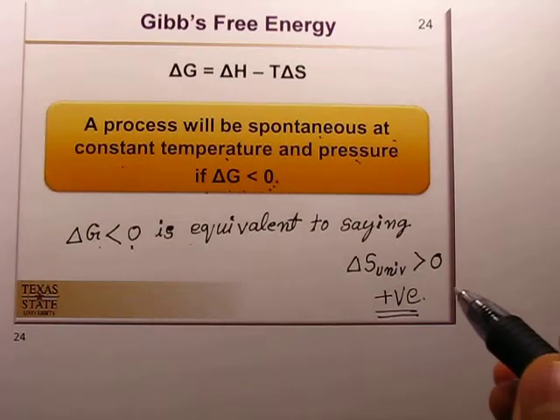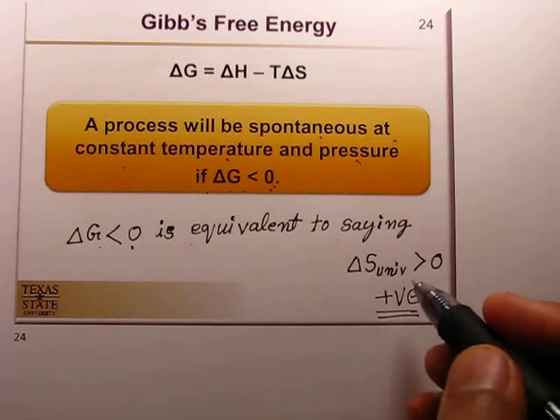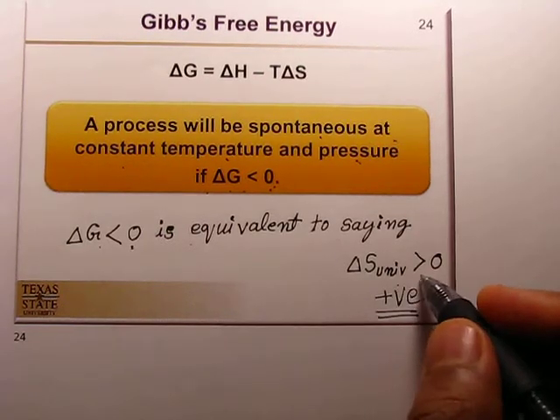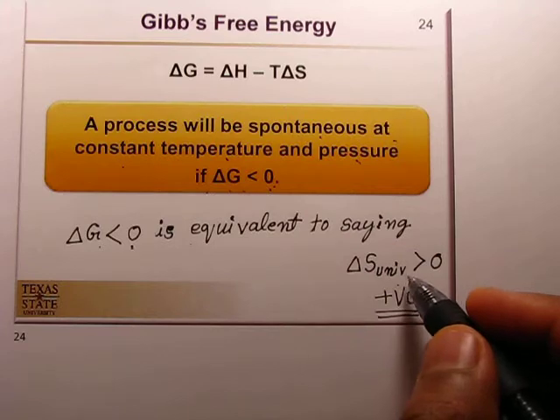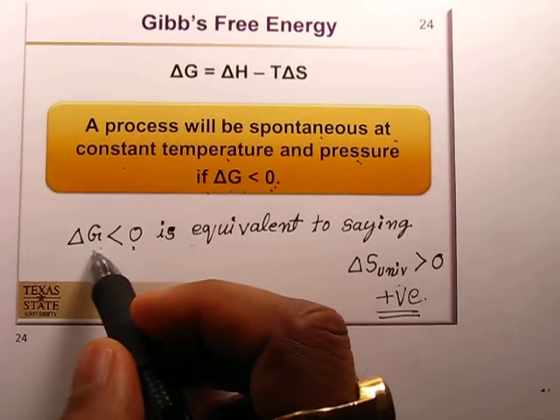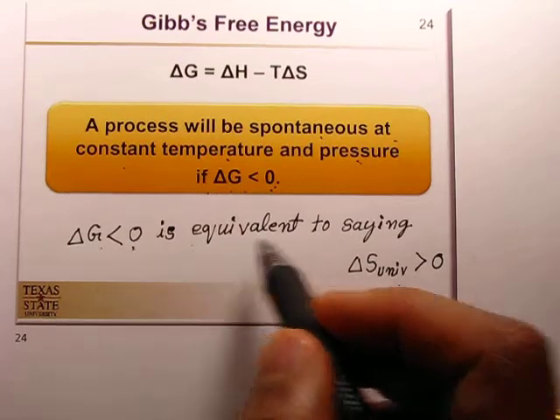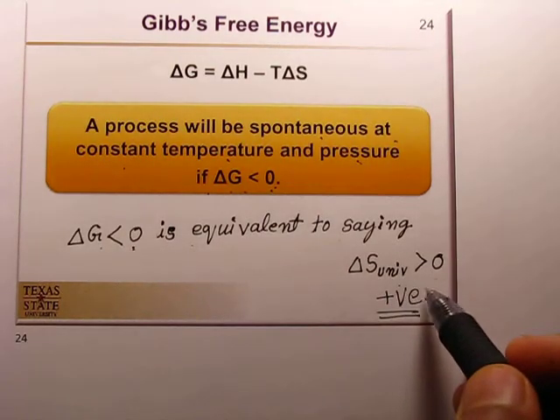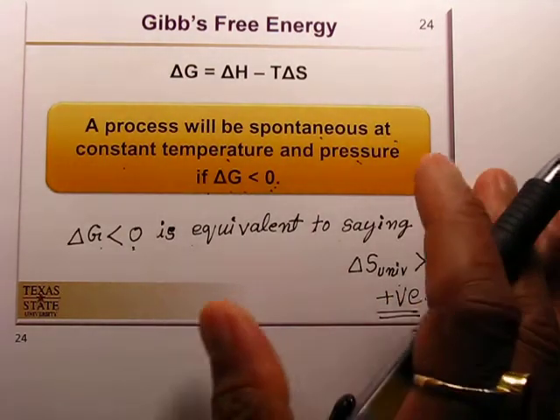In any spontaneous reaction, delta S of universe increases, so if delta G is less than 0, then delta S of universe will be positive.